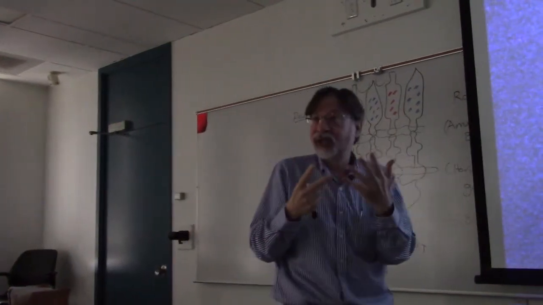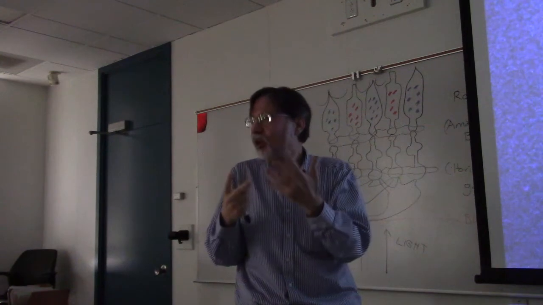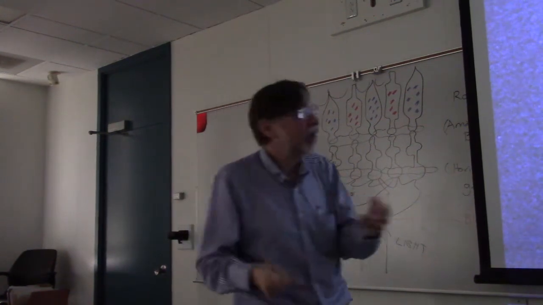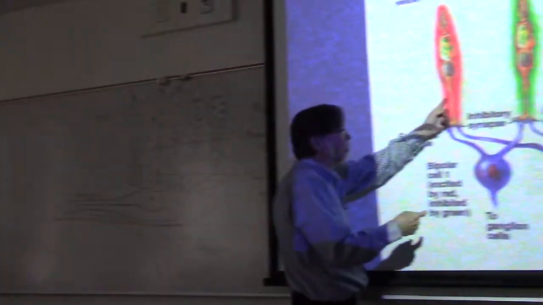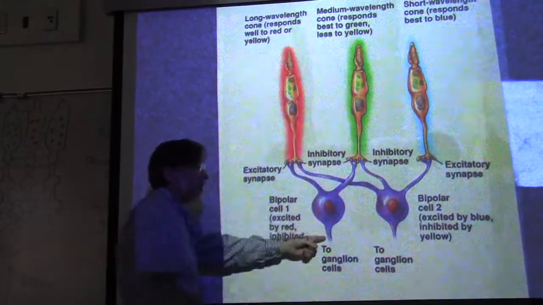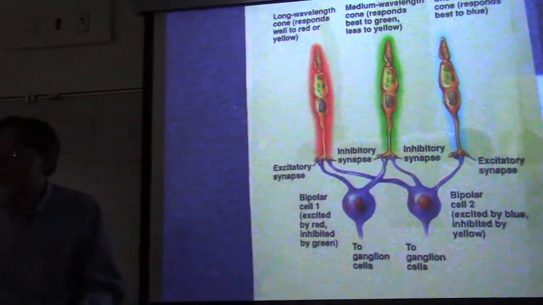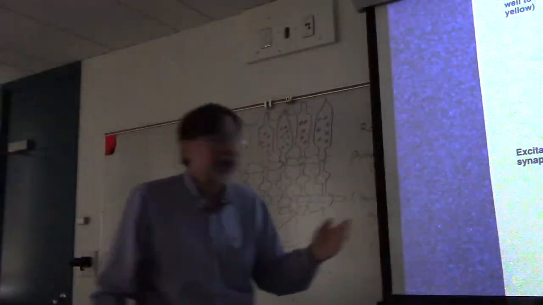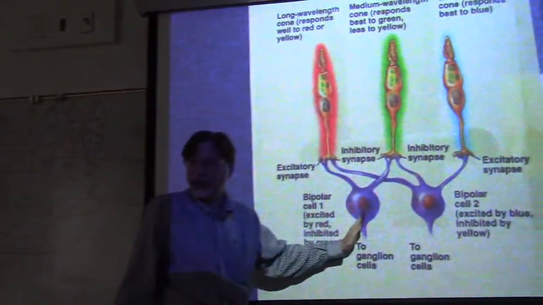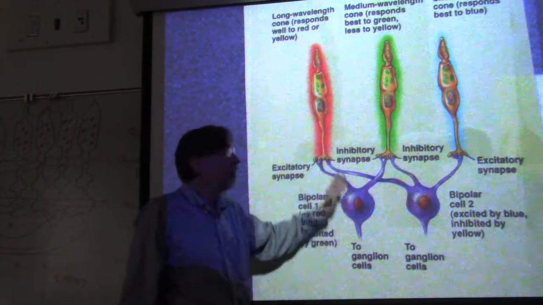But if I shine red and green together, people don't see both red and green. They see white. Okay? And so this one's excitatory and this one's inhibitory, so if I shine both red and green, the person doesn't see either red or green. They cancel each other out. So we've got an excitatory synapse and an inhibitory synapse, so they cancel each other out, and you're going to see white if I put both.